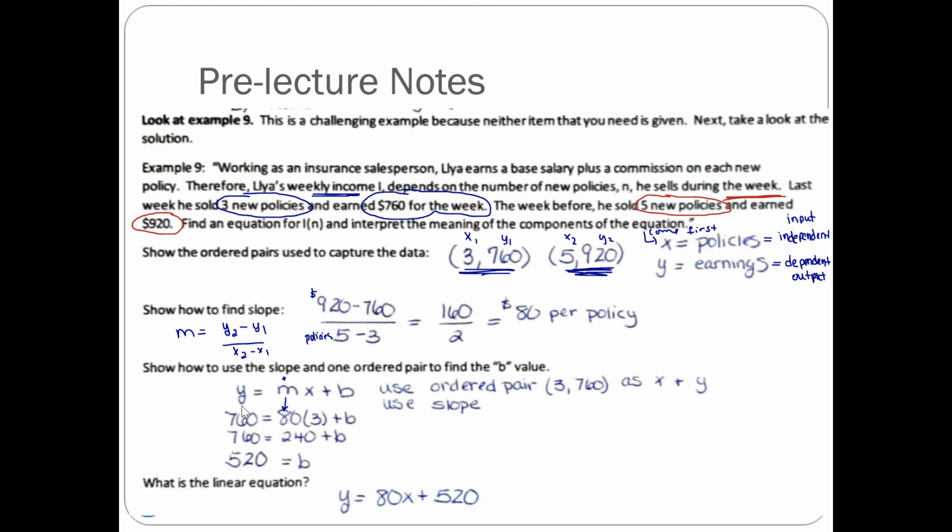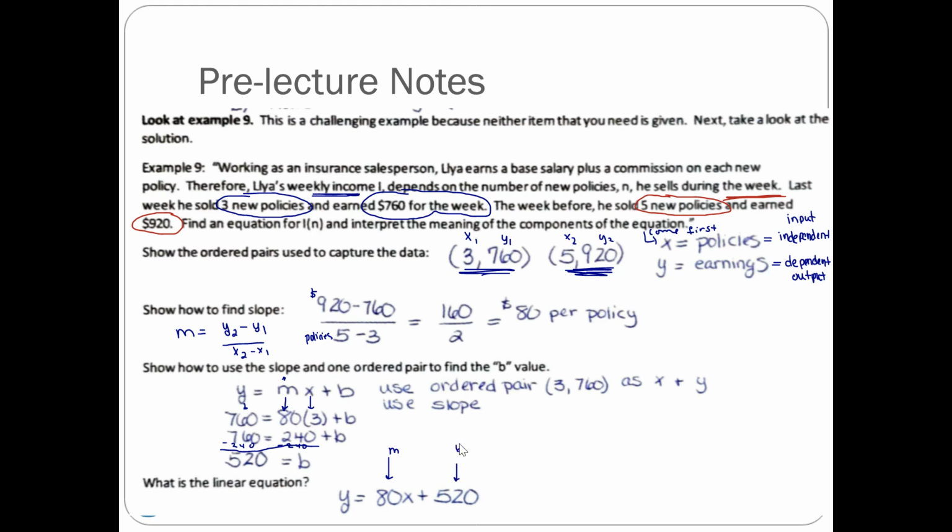So you see I put in the first ordered pair, I put in the y value of 760, and I put in the x value of 3. And then I did the math. So 80 times 3 is 240. I subtracted 240 from both sides because in algebra I always do the opposite. And that's how I got an answer that b is 520. So in my final answer, I have filled in the value for m. I have also filled in the value for b.